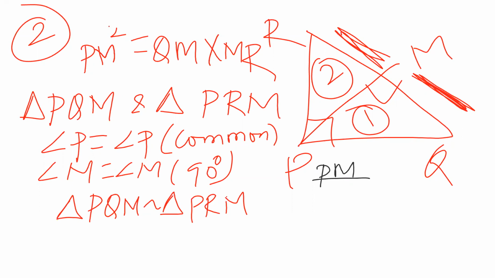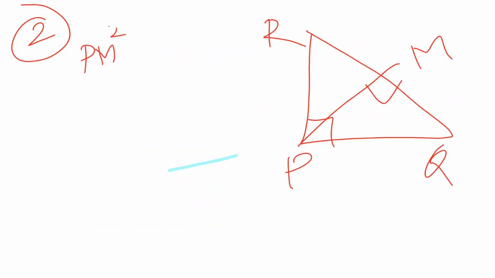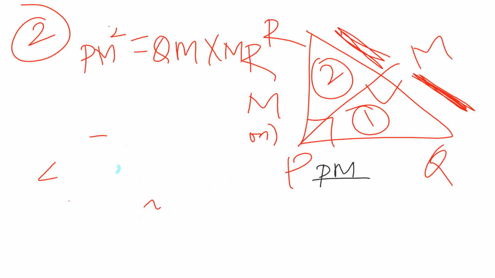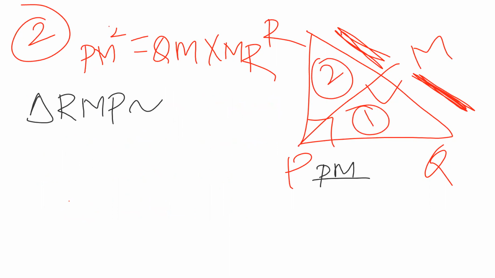Sir, the triangle should be RMP and PMQ. The triangle should be RMP and PMQ. Just wait. Yes, RMP and PMQ.